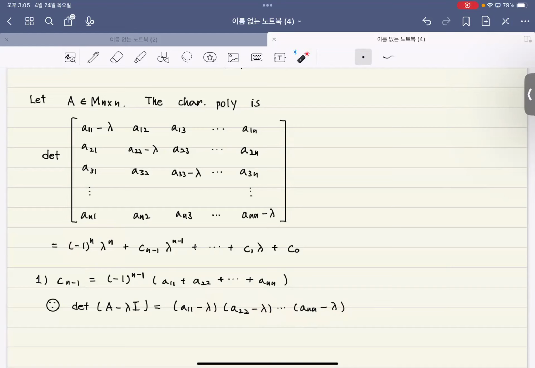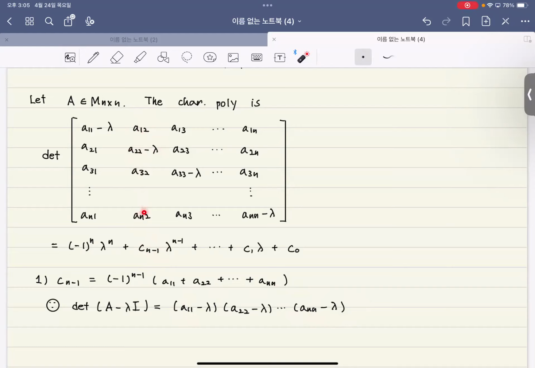And I claim that the coefficient C_{n-1} of the degree n minus 1 term can only be obtained from this term. Why? Suppose I choose another column for the first row, then I cannot choose the first column anymore, or the second column.